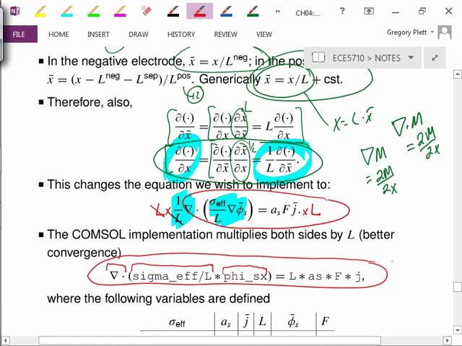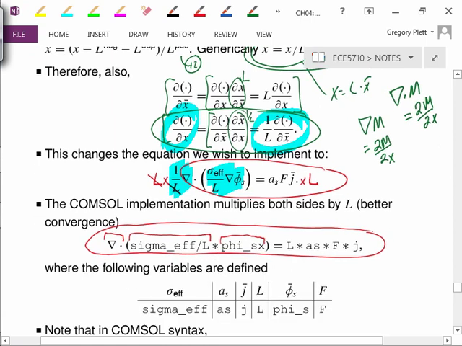Now, in COMSOL, we're going to define a variable, as I show in this table, called phi s. COMSOL has a built-in notation that if I add an x after that, that means the derivative of that quantity with respect to x. If I add a t after it, it's the derivative with respect to time. So this gradient is in fact that term.